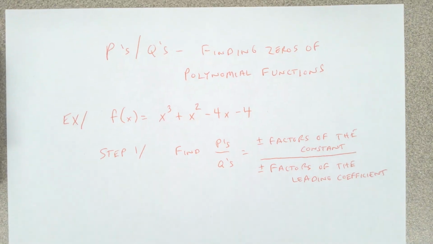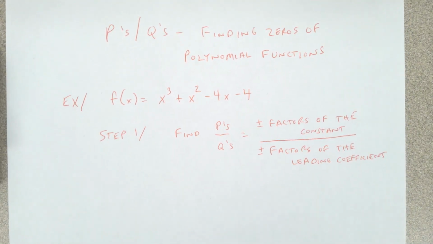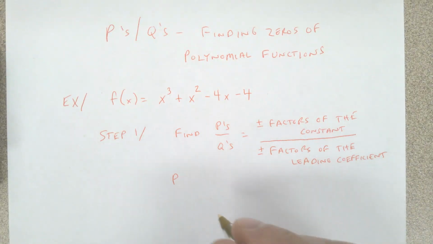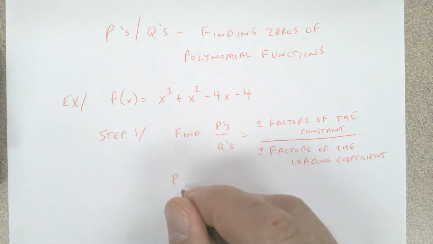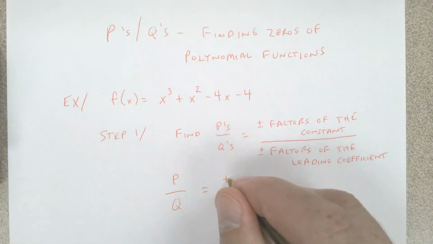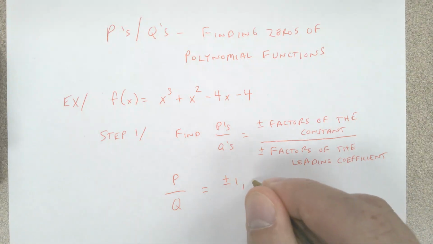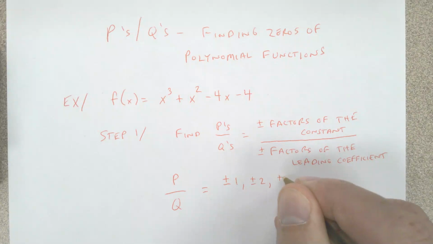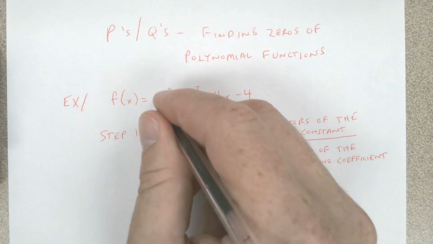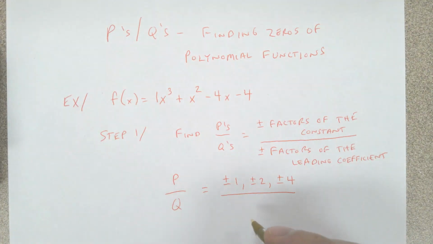Okay, so as we look at this problem, our P's would be the factors of 4. So we're going to say that's plus or minus 1, plus or minus 2, and plus or minus 4. For the Q's, it's just a 1 in front, so it's plus or minus 1.